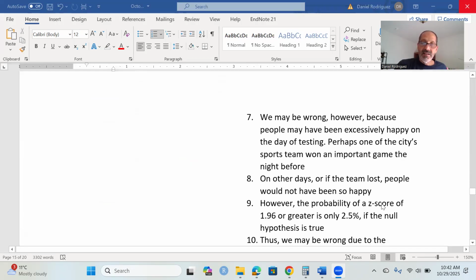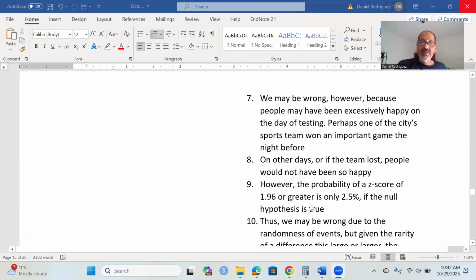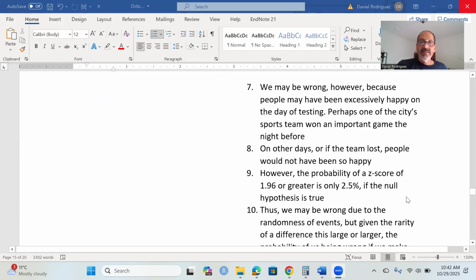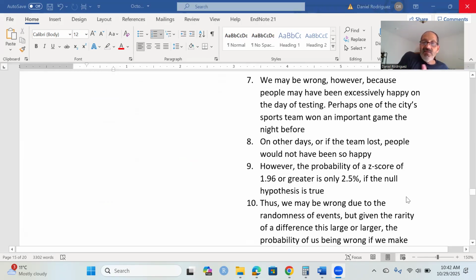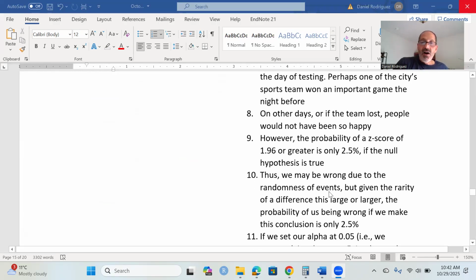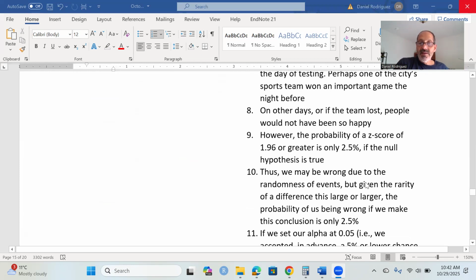However, and here's the thing. We got the z-score that was 1.96, and we know that the probability of a value that large or larger is only 2.5%, right? So we set our alpha that high because we want to account for the possibility of these spurious results, these weird results. So we may be wrong in concluding that our sample is happier than the population, again, because it was just a random event, like a football game or something like that.